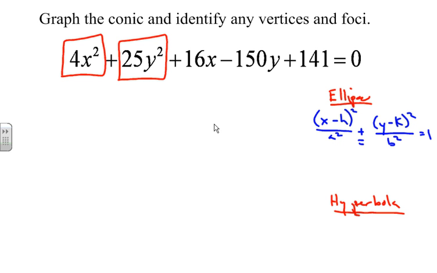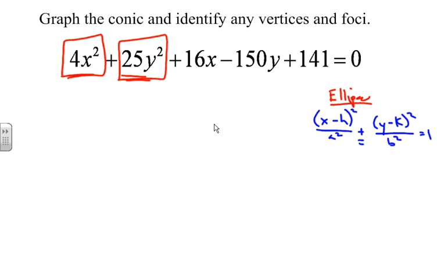A hyperbola, on the other hand, comes in a standard form of (x minus h) squared over a squared minus (y minus k) squared over b squared equals 1, where our transverse axis is positive, but we are subtracting. Now here, we notice that our two values are both positive. Therefore, we're not talking about a hyperbola, we are actually referring to an ellipse. So this is an ellipse.